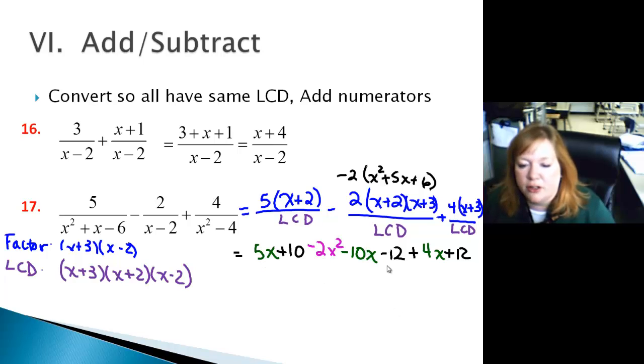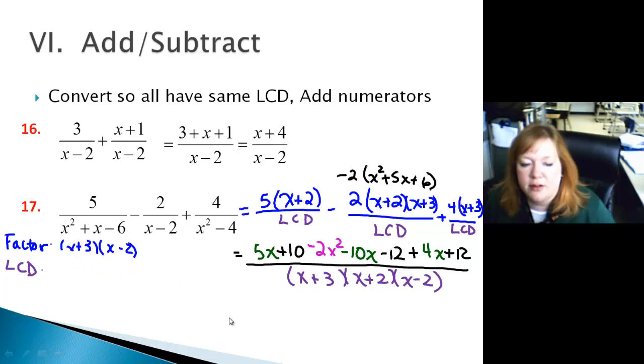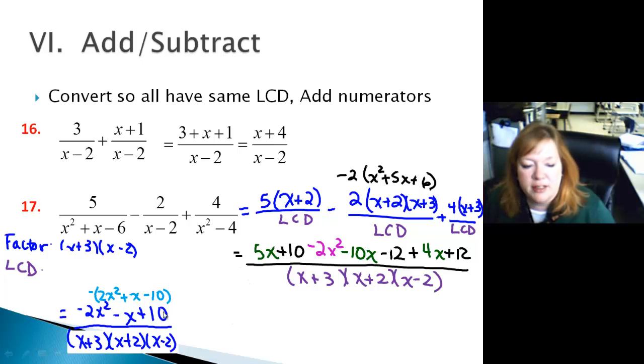Notice they're color coordinated so you can see where the like terms are. That's going to be a negative 5x plus 4x, which is a minus x. So we would have this all divided by our least common denominator, which is going to give us negative 2x squared minus x plus 10 when we combine our like terms, over our least common denominator.